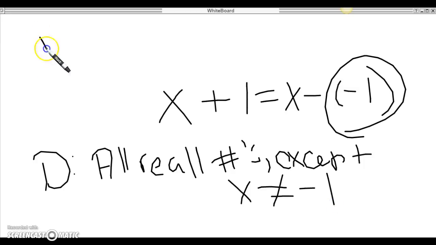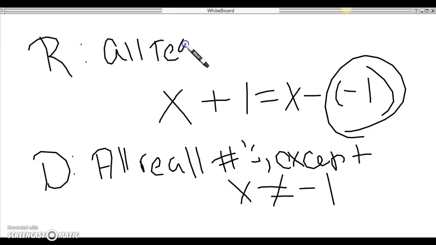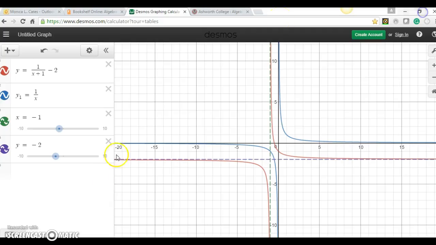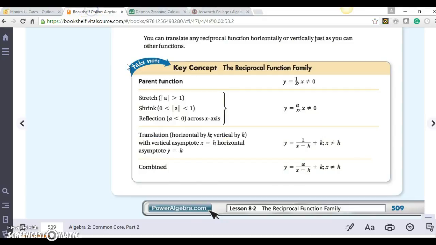And the range is the same idea, all real numbers except y cannot equal, I think it was negative 2. We can go back and check. Yes, negative 2.